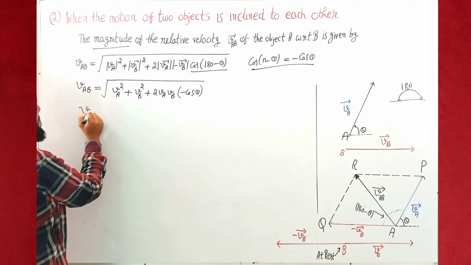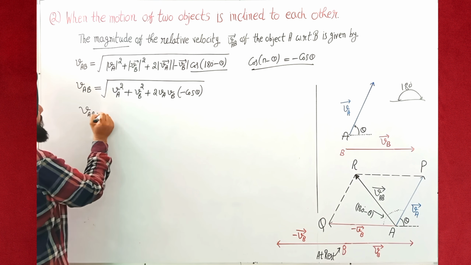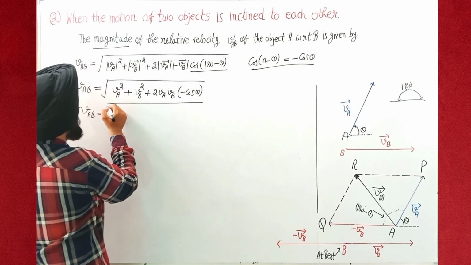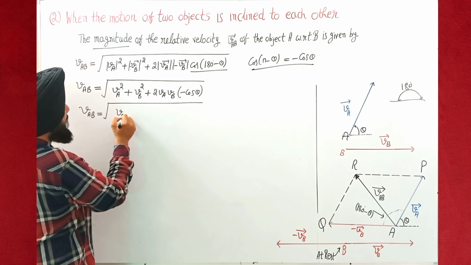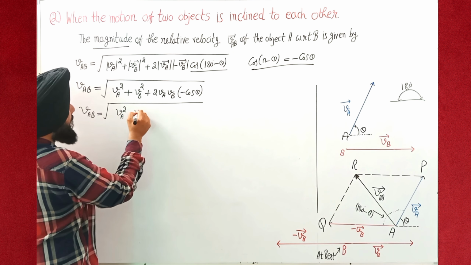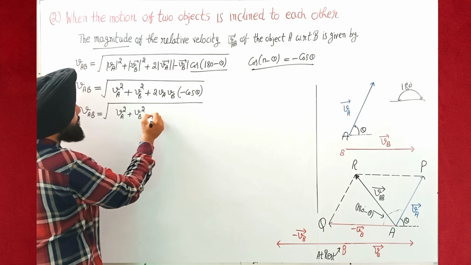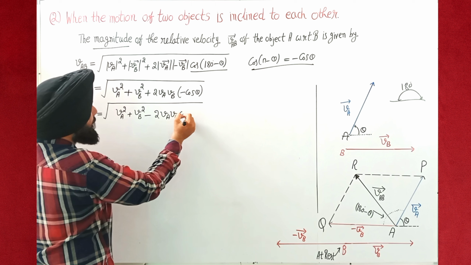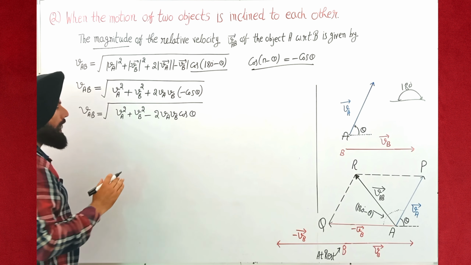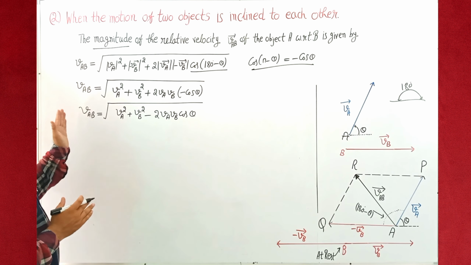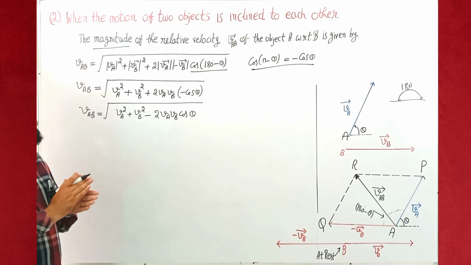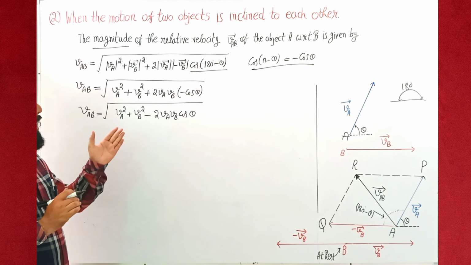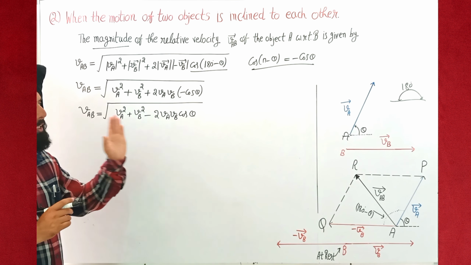So the above expression becomes V_AB equal to square root of V_A squared plus V_B squared minus 2 V_A V_B cos theta. This is the result for the relative velocity of object A with respect to B.